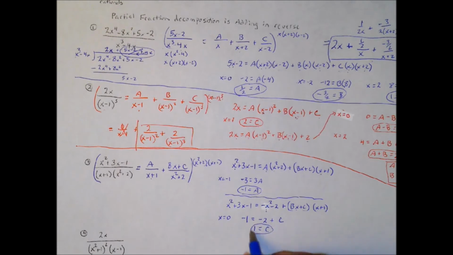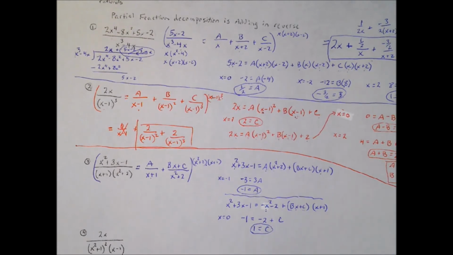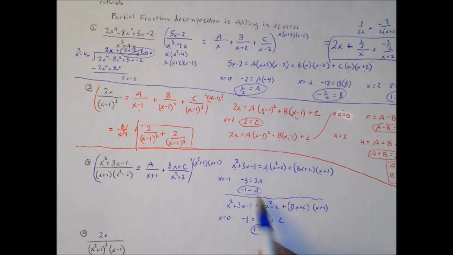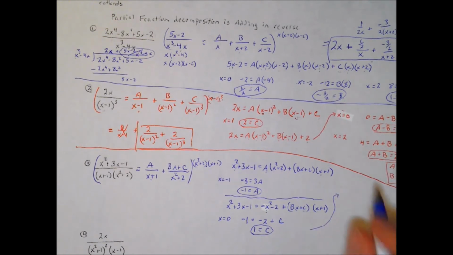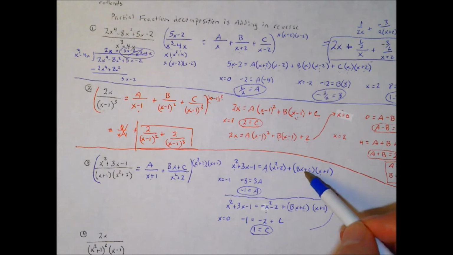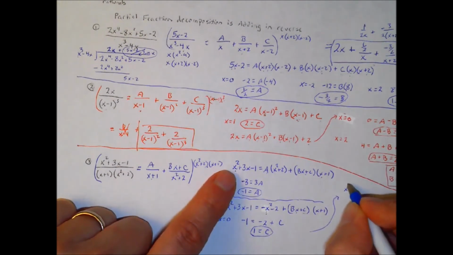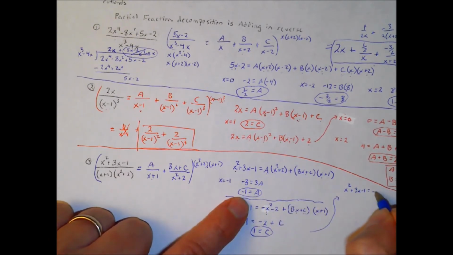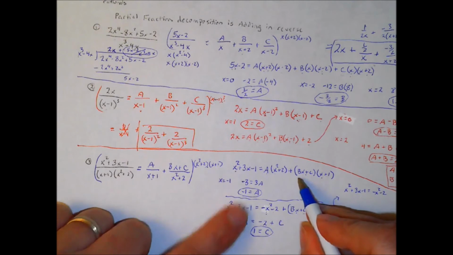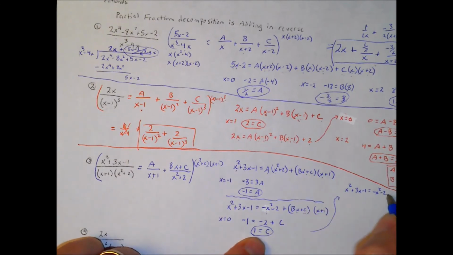And if I know these two, I can plug that in here and here. So I would have x squared plus 3x minus 1 equals, the a is negative 1, so negative x squared minus 2. My c is a 1. I just have bx plus 1 and x plus 1 there.